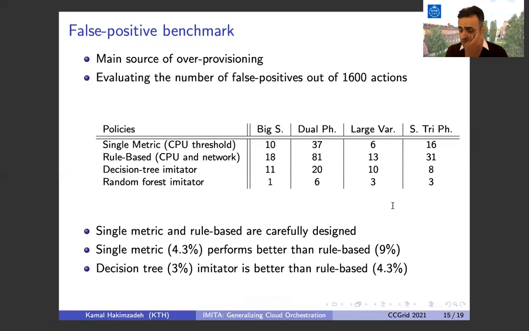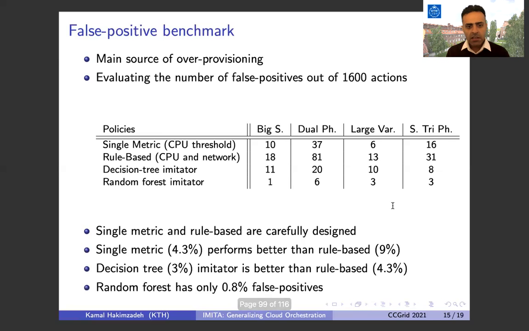And that means that not necessarily always do the more complicated rule-based systems give better results than the generic simple one. And the decision tree gives 3% false positive, better than the rule-based, better than the single metric. And the random forest has only sub-percentage false positives.